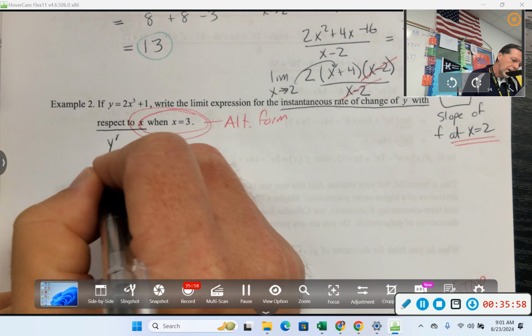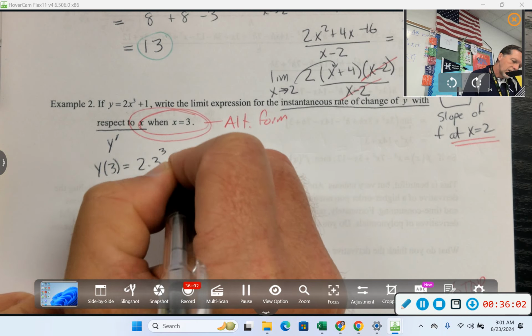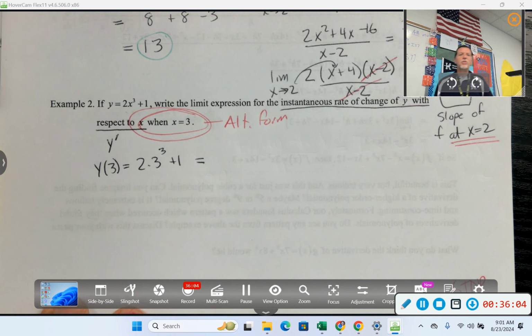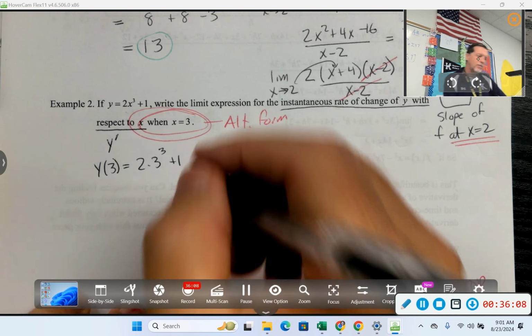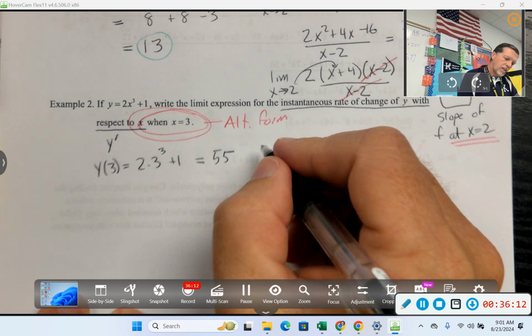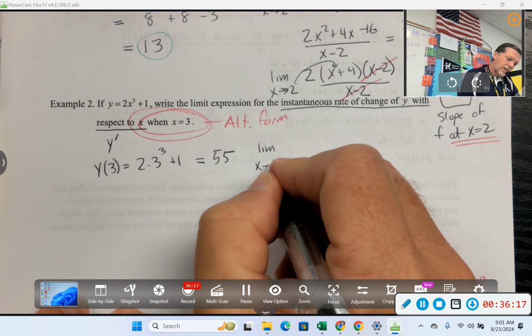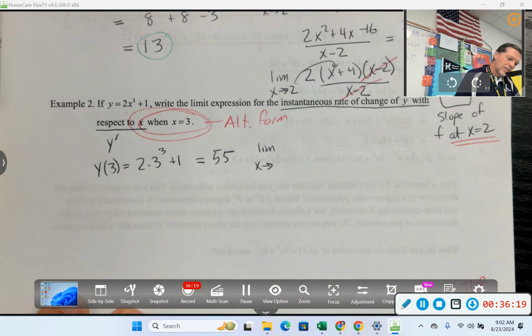So I need y of 3. 2 times 3 cubed. So that's 27 times 2 is 54. Plus 1 is 55. Okay, so limit as x approaches 3, because that's the point we're worried about.